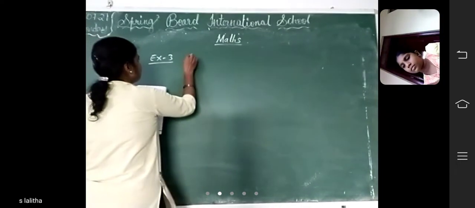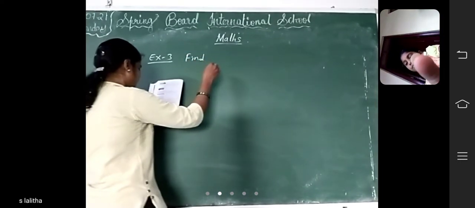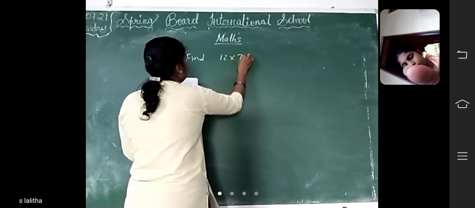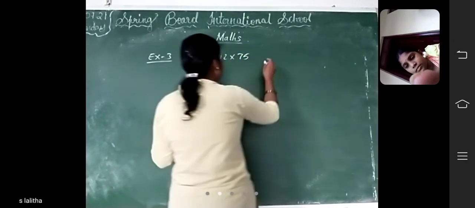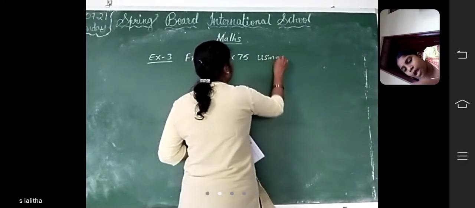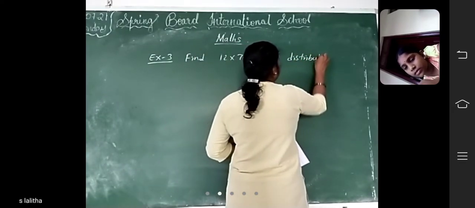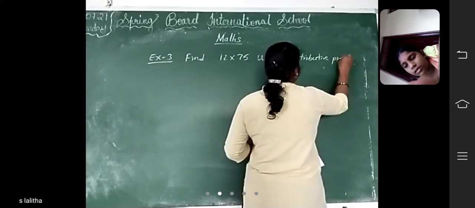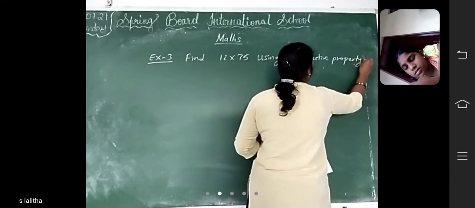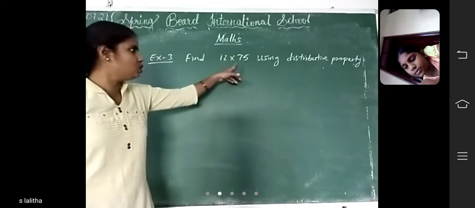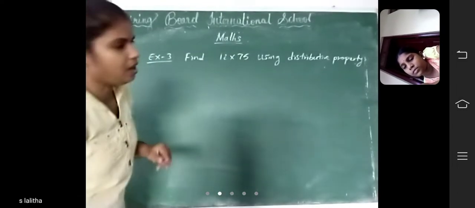Find 12 into 75 using distributive property. So you should multiply these two using distributive property. How you should do?